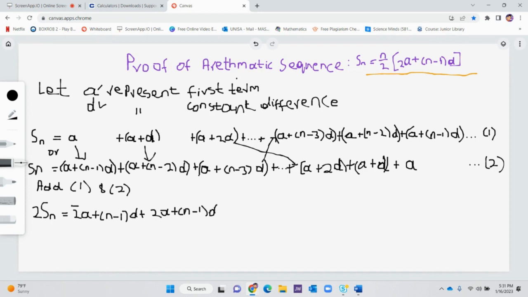Okay, let me just put them in brackets. Then we have plus this term plus this term, it's also going to give us the same thing. This will be 2a. You can just multiply this out, then you will see you will end up with 2a plus n minus 1 into d.